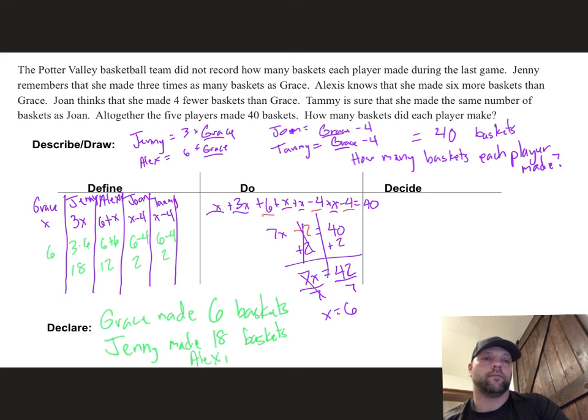Alexis made 12 baskets. Joan made 2 baskets. And Tammy made 2 baskets.